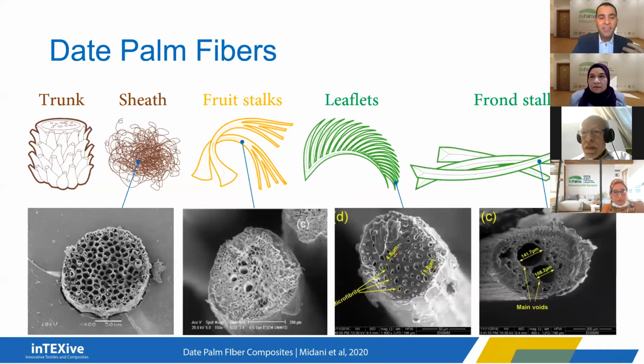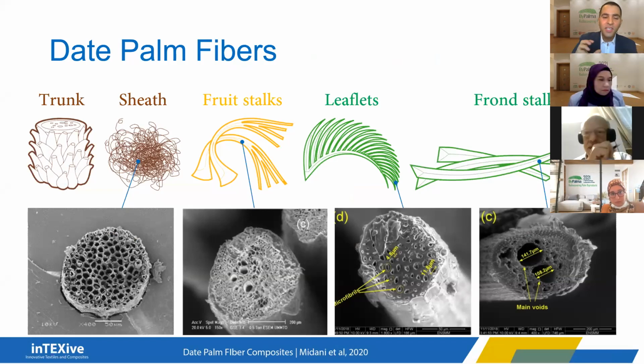I found out that every part of the date palm contains fibers. Every type of byproduct can be extracted into fibers, like the frond stalk, the leaflets, the fruit stalk, the sheath, and even the trunk at the end of the palm life.